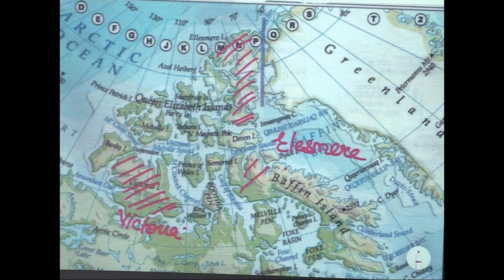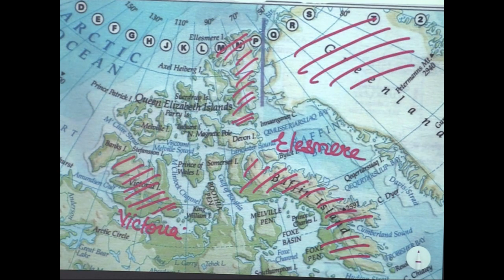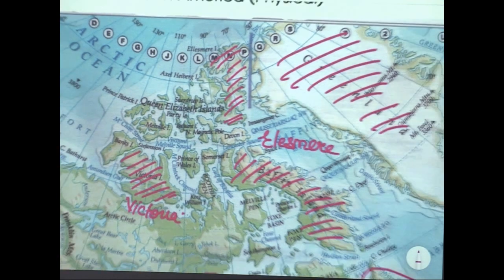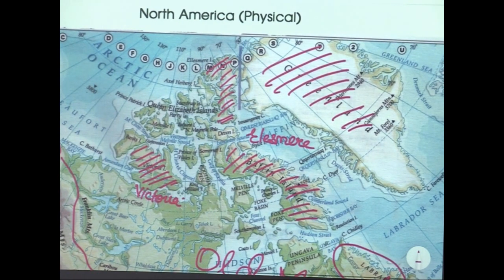We already learned Baffin Island and Greenland. So try to see all of them together. Greenland makes the largest island of the world. Baffin Island in this region is the fourth largest island of the world.